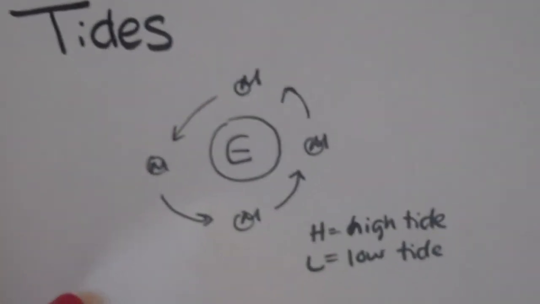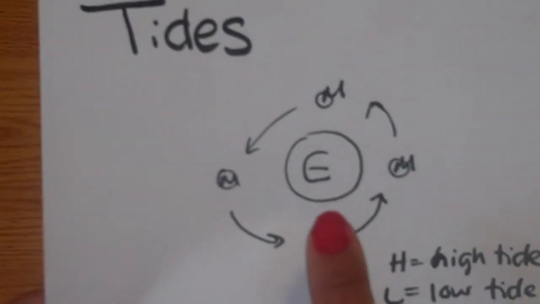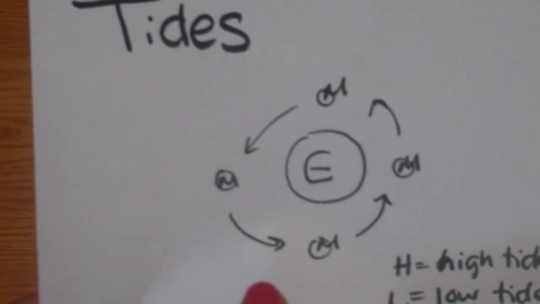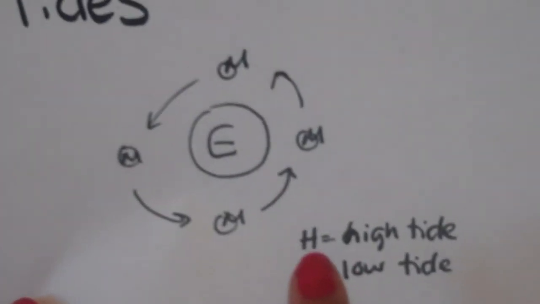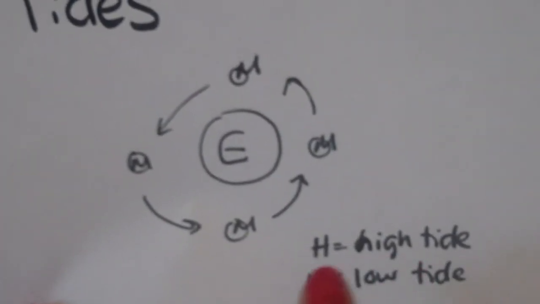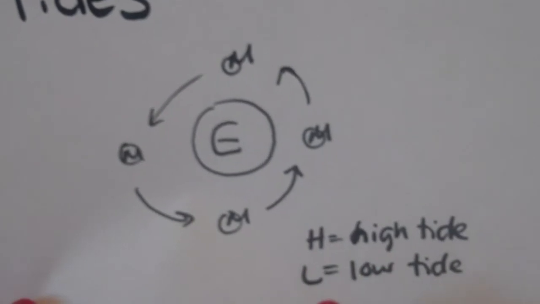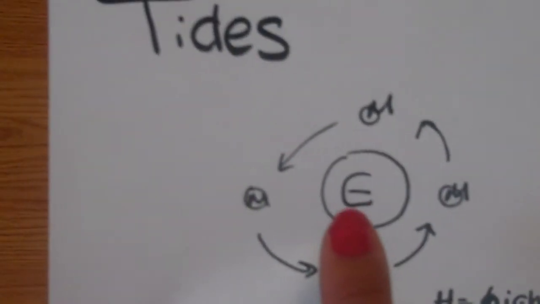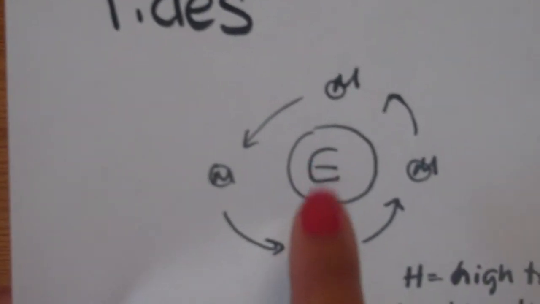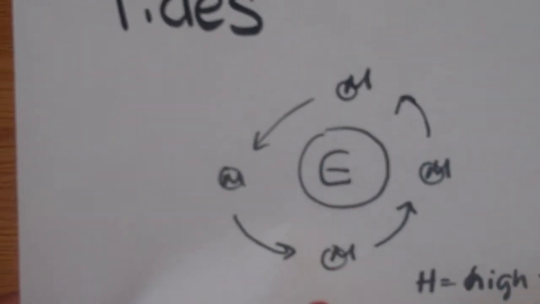In my first diagram here, I have E for Earth, and I put 4 moons going around counterclockwise around the Earth. H will represent, in this diagram, what I'll show for high tide, L will be low tide. And just to briefly explain, the moon has a pull or force of attraction on the Earth.